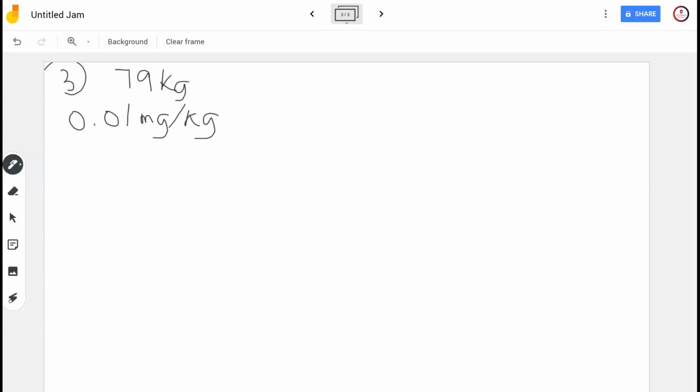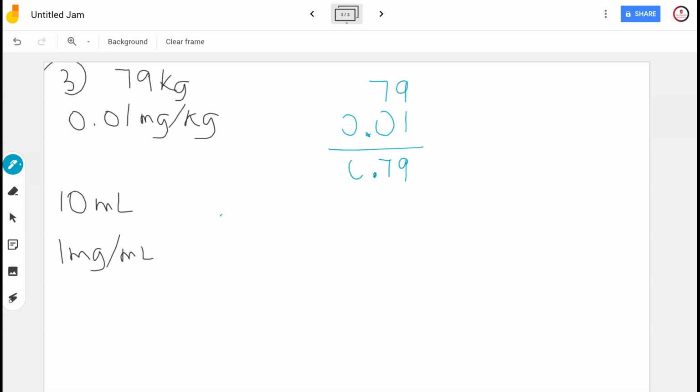And if you look at the picture, you have a 10 ml vial that is 1 milligram per milliliter. So first thing you're going to do is find out your desired dose. You have 2 decimal points, so you're going to go 1, 2. So your desired dose is 0.79 milligrams.